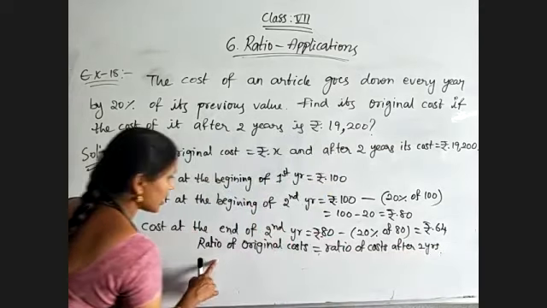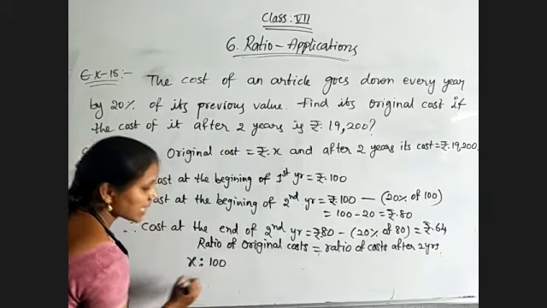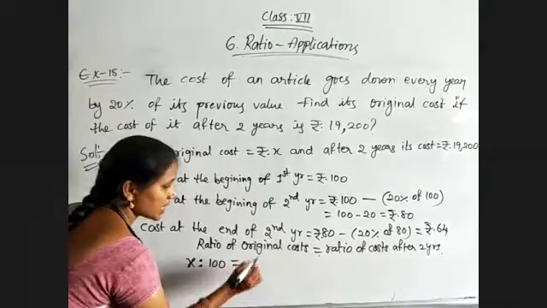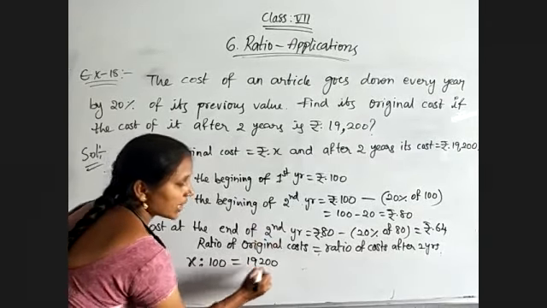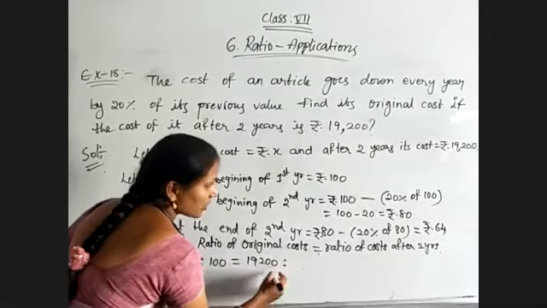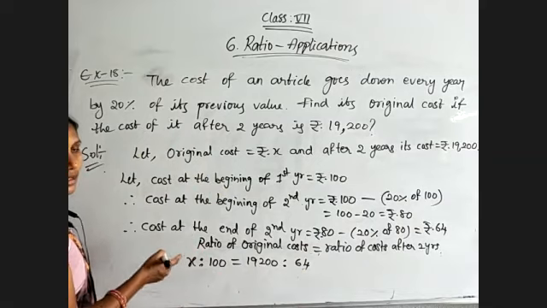The original cost is X and the beginning cost I have taken as 100 rupees, equal to, after 2 years, 19,200 for the original cost X, and 64 for 100 rupees.